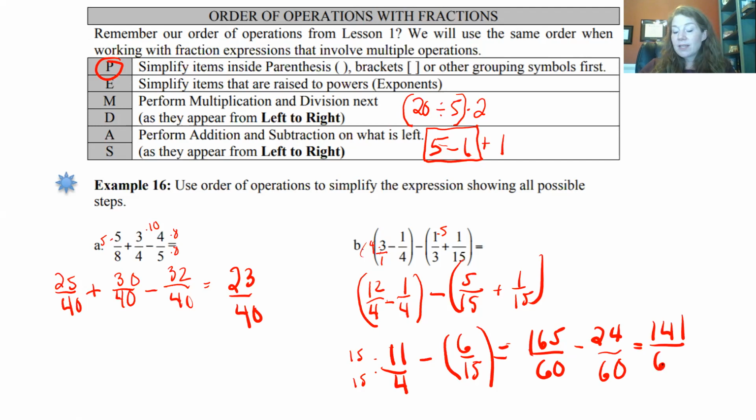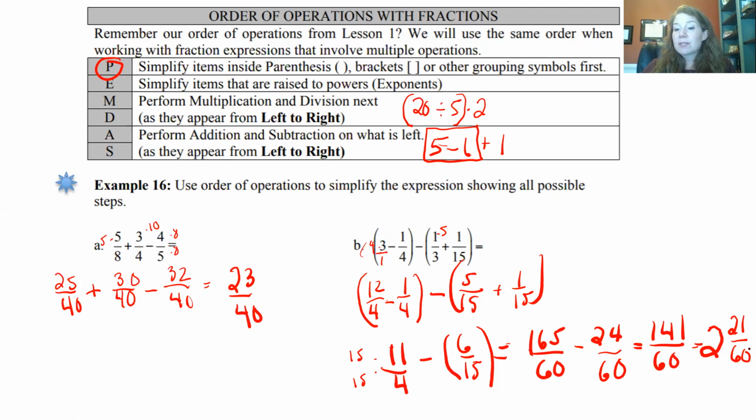So let's see, 60 will go into 141 2 times. So 60 times 2 is 120. So our remainder would be 21/60. And it might look like we're done. However, 21 and 60 are both divisible by 3. Because if you add their digits, 2 plus 1 is 3, and 6 plus 0 is 6.